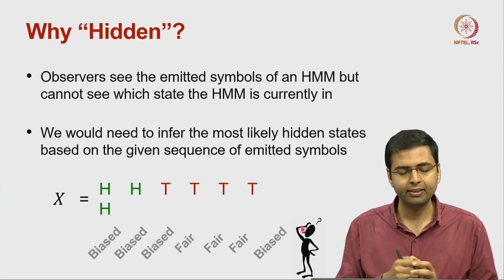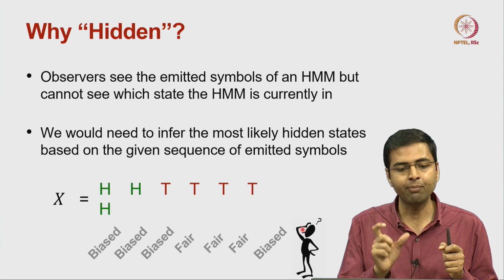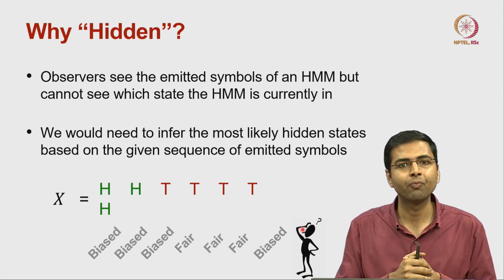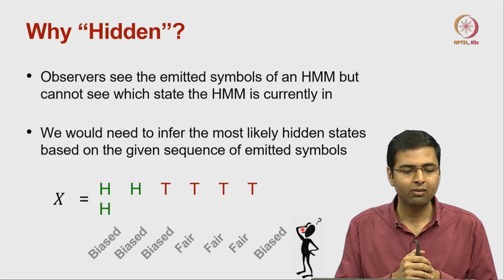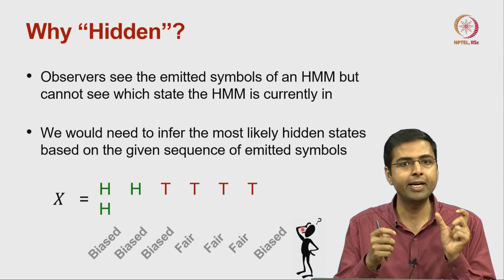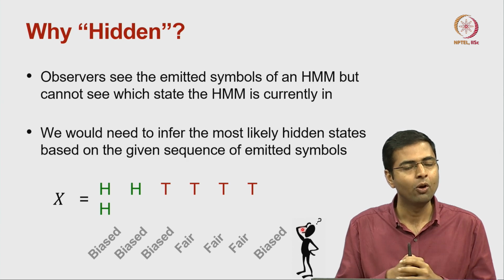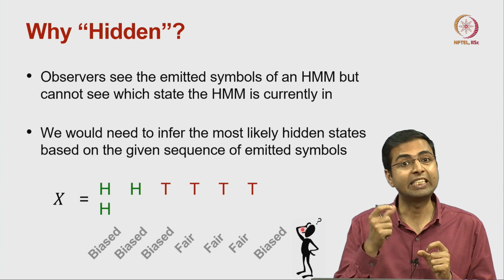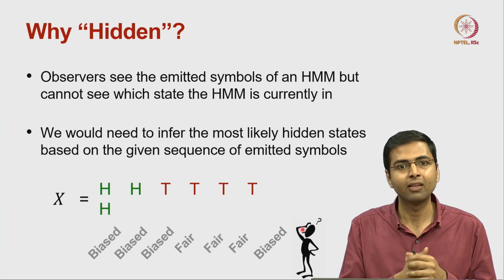Now, let us interpret the term hidden Markov model. Why do we call this model hidden? Well, as you can guess, as observers we only see the emitted symbols of an HMM, but we cannot see the state where the HMM is currently at.